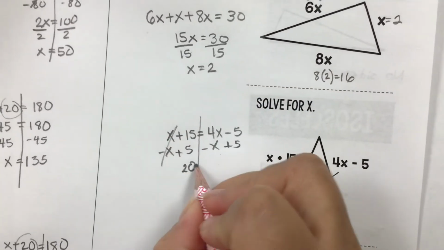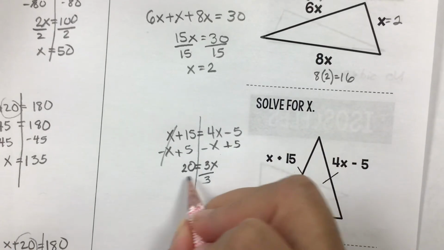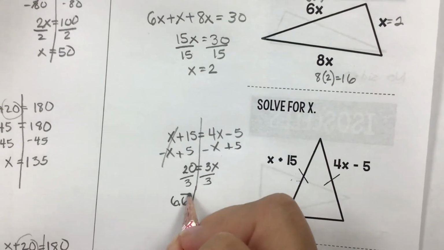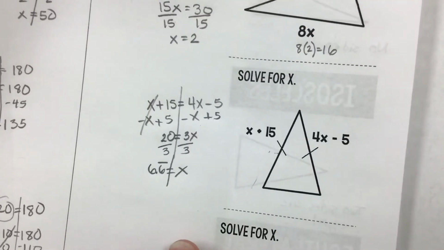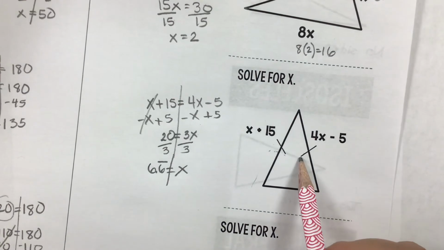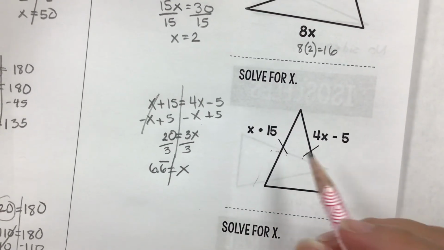I have 20 is equal to 3x. Then divide by 3. It's 6.6 repeating is the value of x. We could plug it in to verify that it's an isosceles, but this notation is enough. If I ask you on a test to give me the side length, make sure you plug it back in.